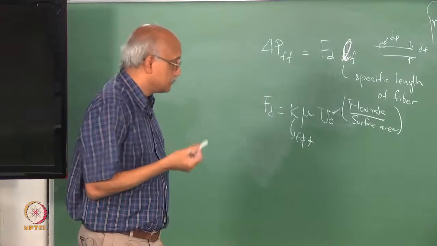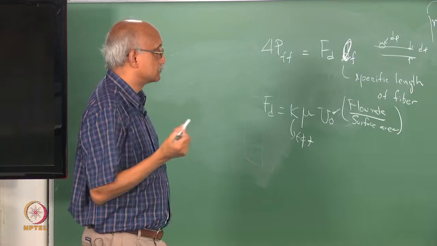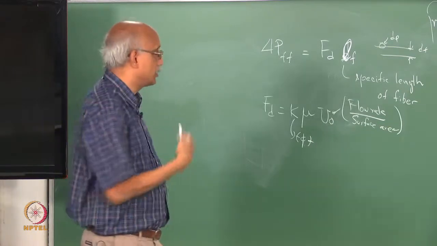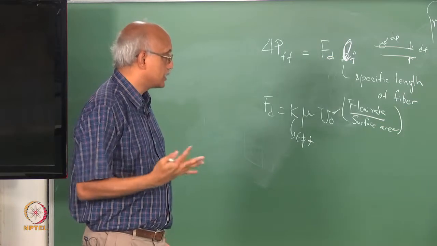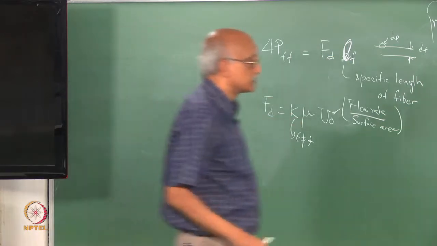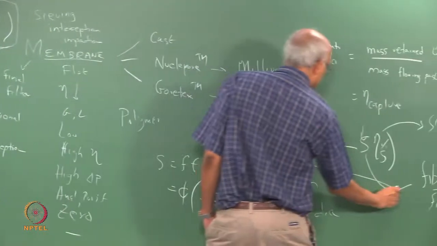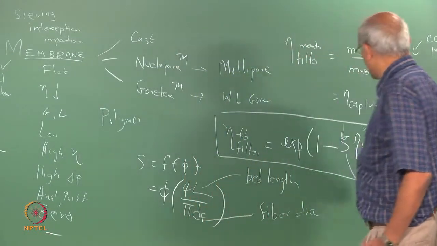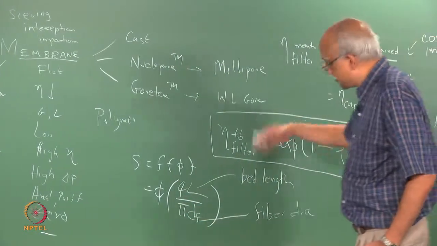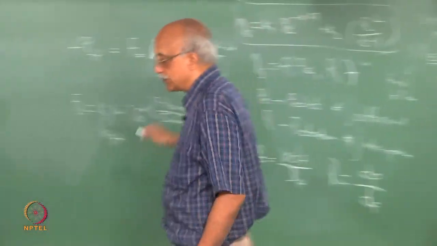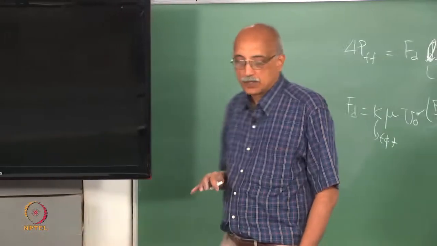So, for a given transport situation, you can calculate your Peclet number, you can calculate your interception or retention number, and you can estimate the overall efficiency of a single fiber, which is in this expression. You can calculate the value of S, and thereby you can calculate the efficiency of the fibrous filter overall.